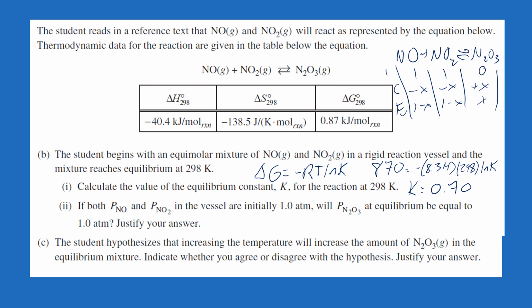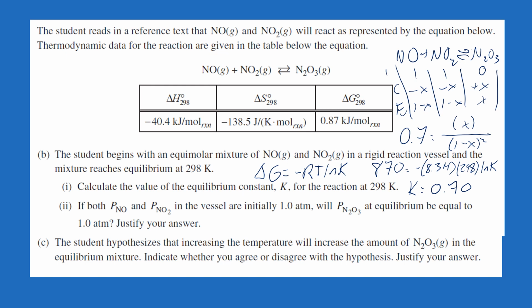1 minus x, 1 minus x, and x. And so if I were to use the equilibrium expression, I know that K is equal to 0.7, and it's products over reactants, so x over (1 minus x) squared. Well, I know it's not going to be 1. If x were 1, then I would completely use up my reactant molecules, and I'd have 0 on the bottom, which would make this undefined and not equal to 0.7.